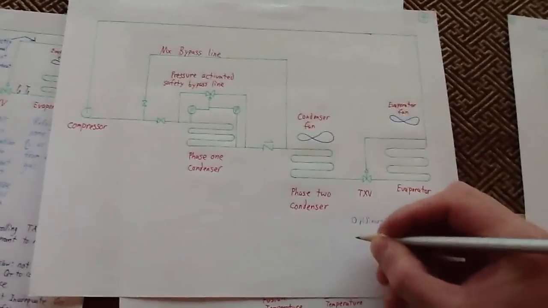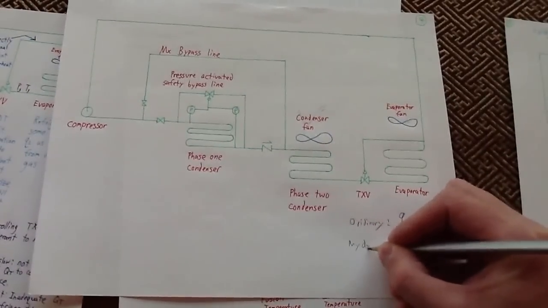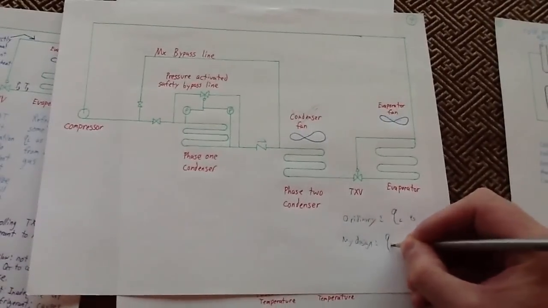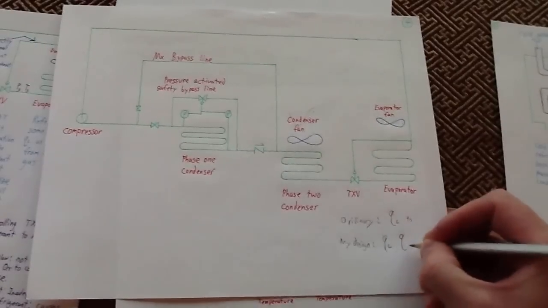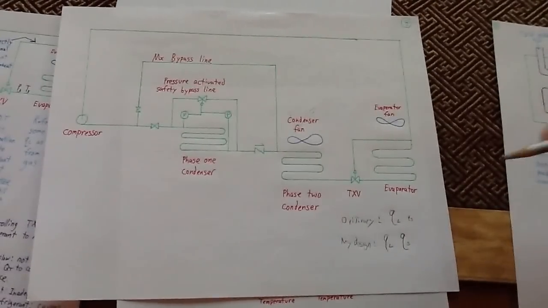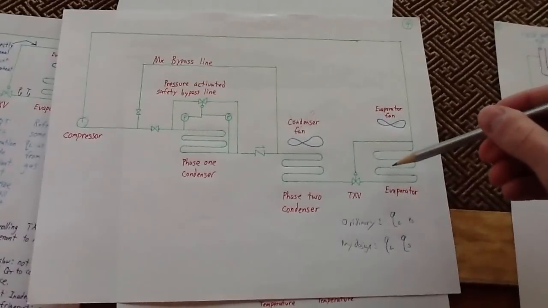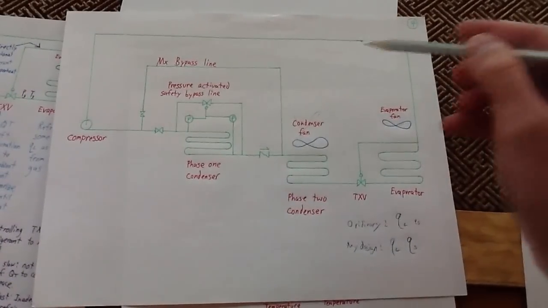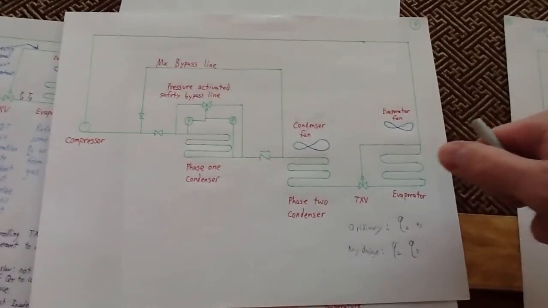In this design, my design, you're going to have a lot of latent heat, but also a lot of sensible heat, because you have a greater total quantity of heat transfer available within the evaporator. That's going to decrease the amount that the compressor has to run. Does all that make sense?